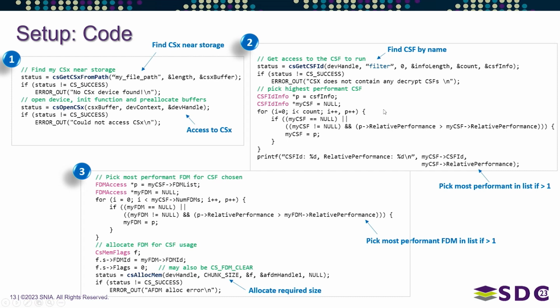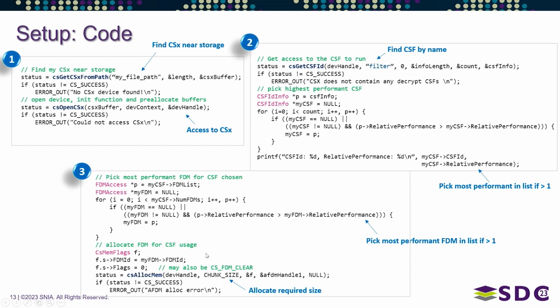So once you have that, you would walk that list and find out the one that is most usable by your function that you're going to execute. Here it is showing you the most performant one, but you could pick the one that is using the least power if needed.